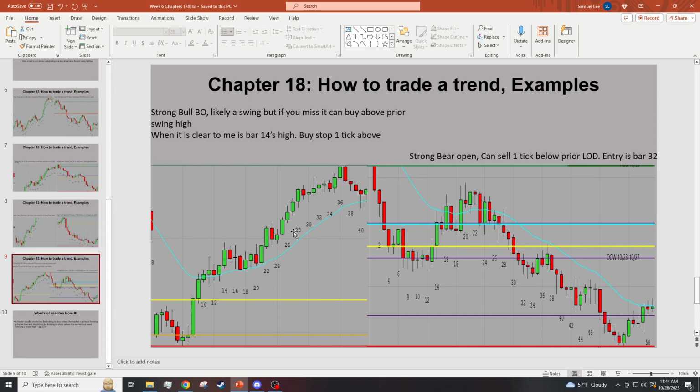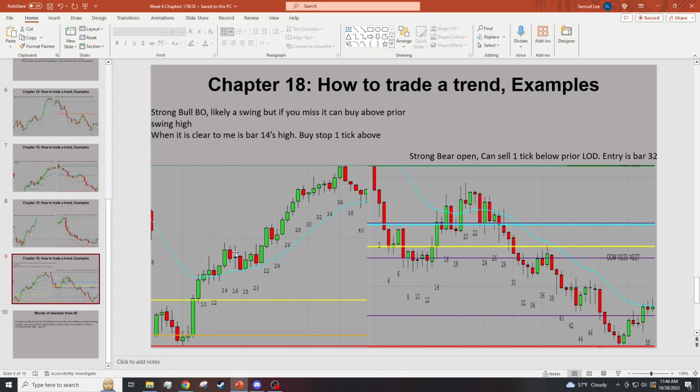And then lastly, he talks about when the trend is very strong, you can buy the previous highs and sell the previous lows. Strong bull breakout. Again, it's the same chart that I've pretty much been using for the bulls. Likely a swing, but if you miss it, you can buy the prior swing high.